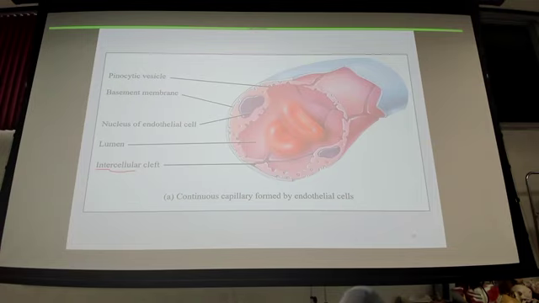We're just dropping off oxygen, picking up carbon dioxide, and moving along. When we get to the next couple, you'll see that functionally where they are, they have different responsibilities. Does this make sense to everybody? And you see, basement membrane, endothelial cell, that's it. Basically two layers thick.